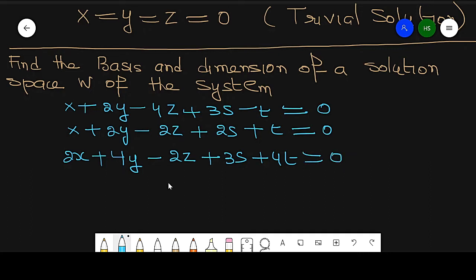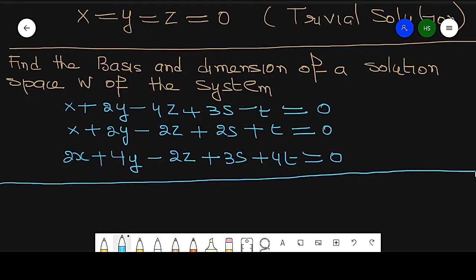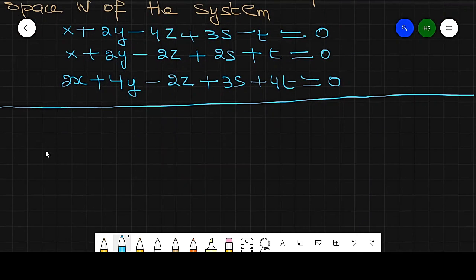So this is a system of equations, and how can we find the basis and its dimension? So this is a very important topic.